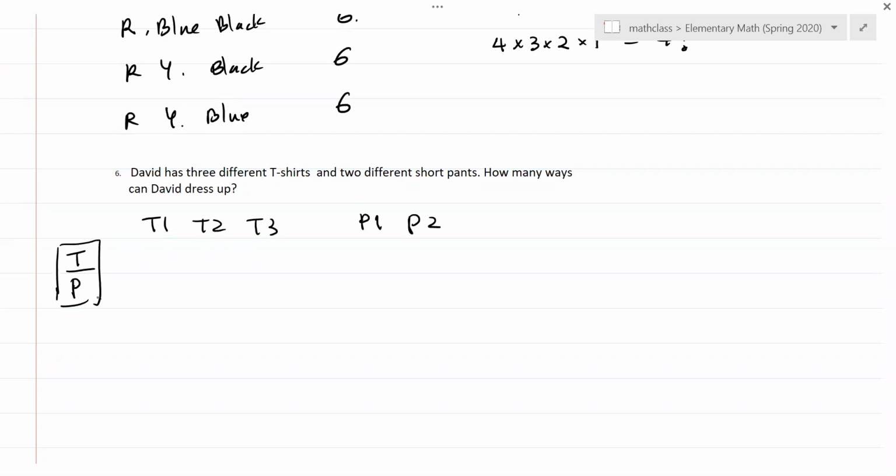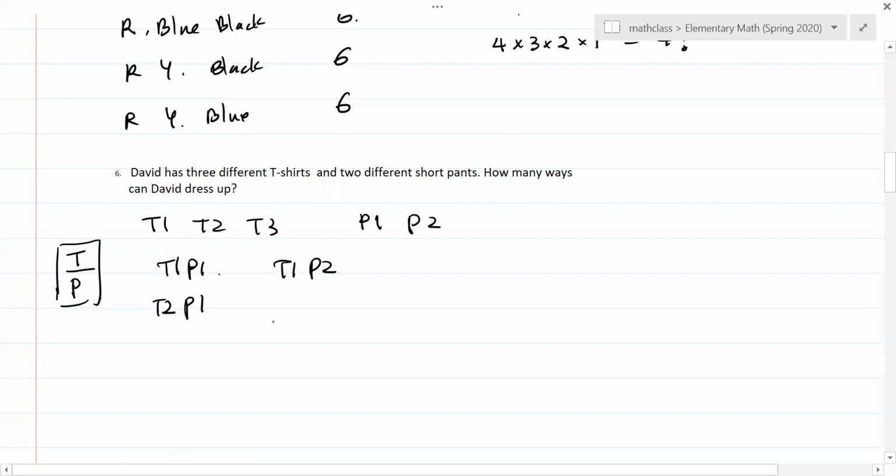So here we're going to introduce the so-called product rule. If you use a matrix, you can say T1 combined with P1, right? And T1 and P2. You pick up the first t-shirt, then you have 2 choices for the pants. And then you pick up the second t-shirt, then you can pick up the first pant and the second pant.